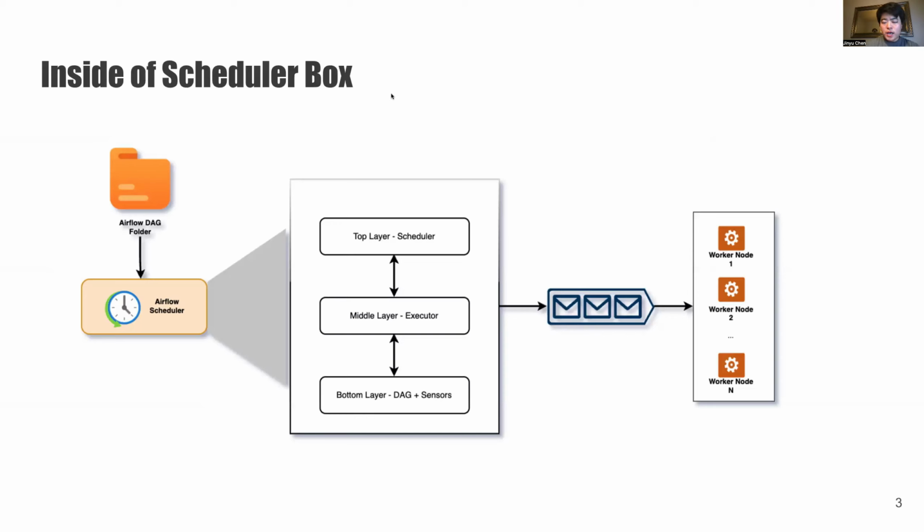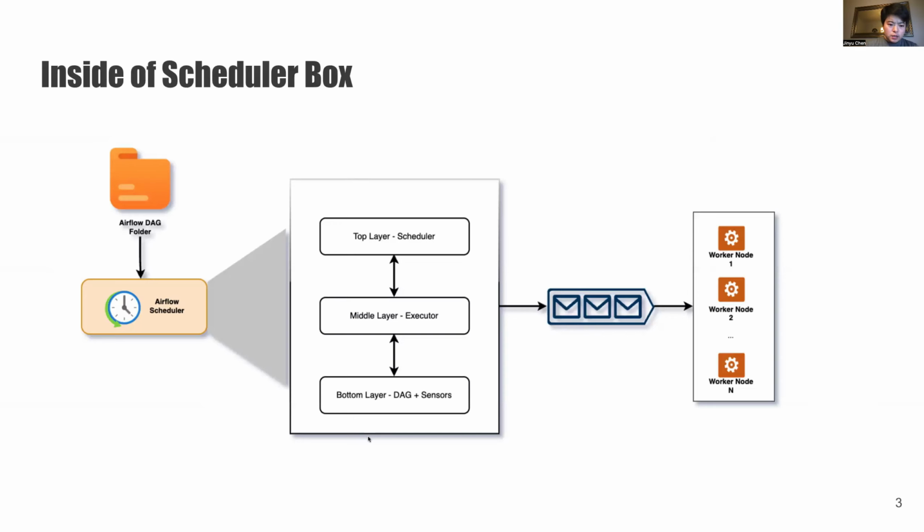So what is the executor? The executor runs tasks and workloads. It decides which tasks, including sensors, should be executed based on the scheduler's instruction. Sensors here are in the DAG, representing sensor tasks. Sensors wait for specific conditions to be met before downstream tasks proceed.